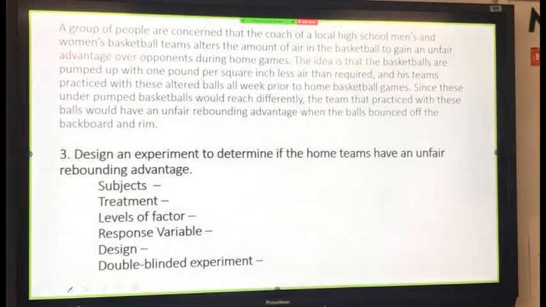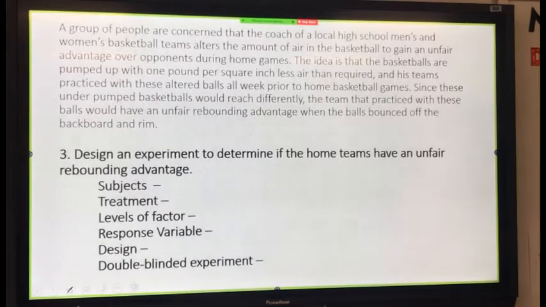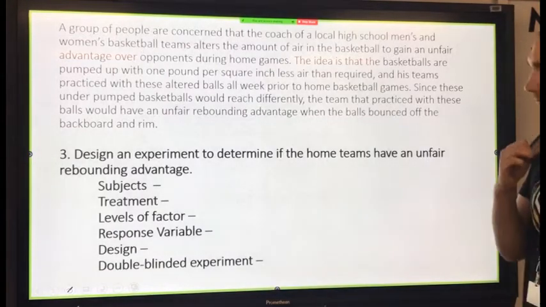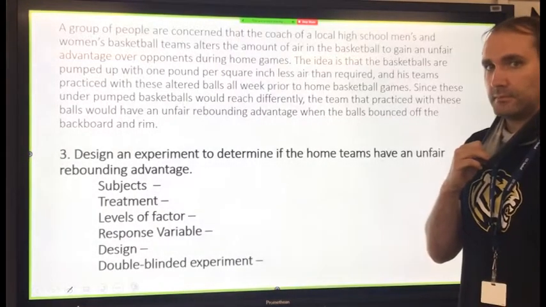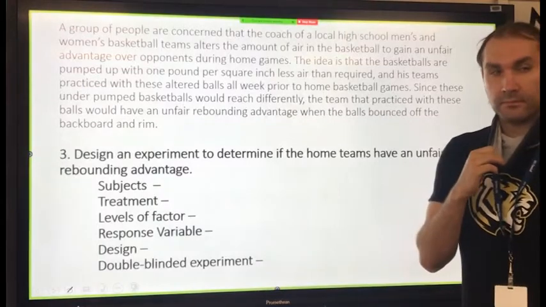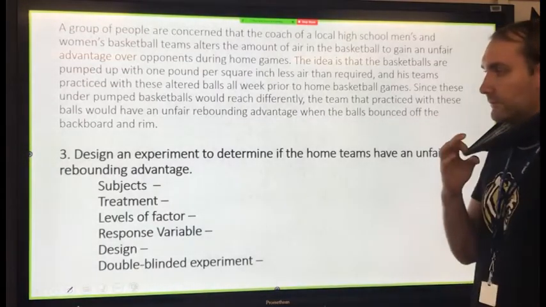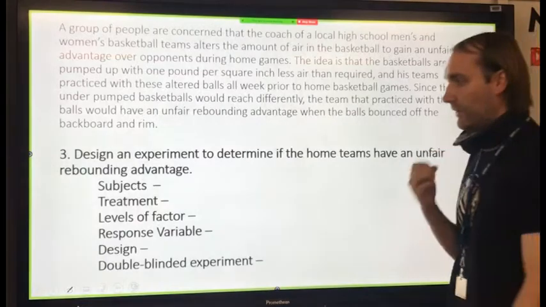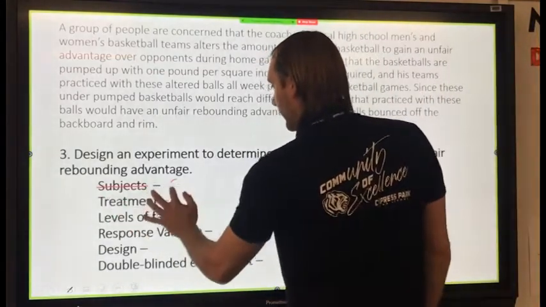So what are my subjects here? What are my subjects for this experiment? Or maybe there are no subjects. What is my experimental unit?